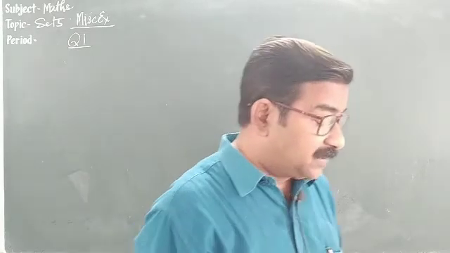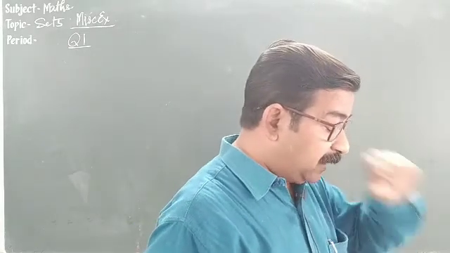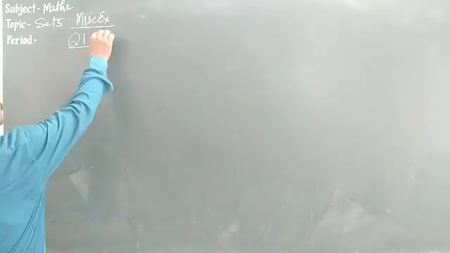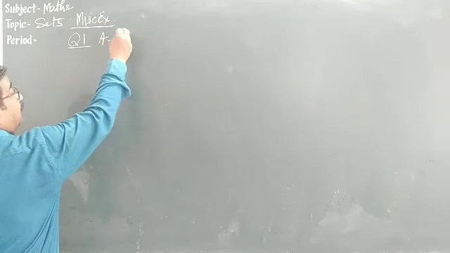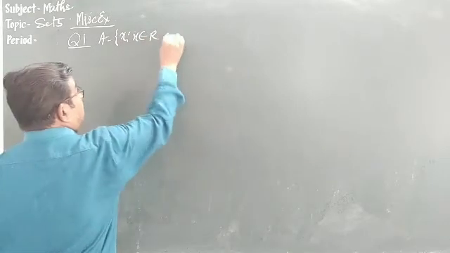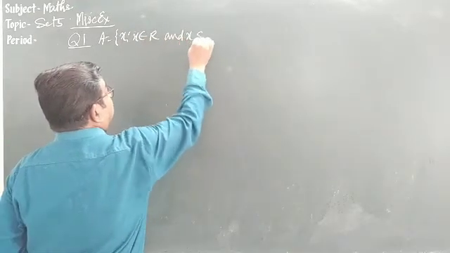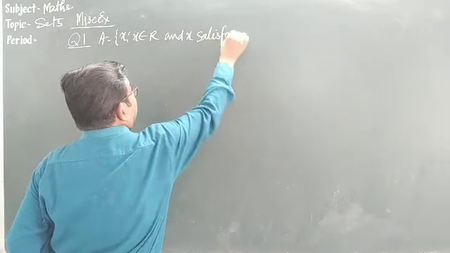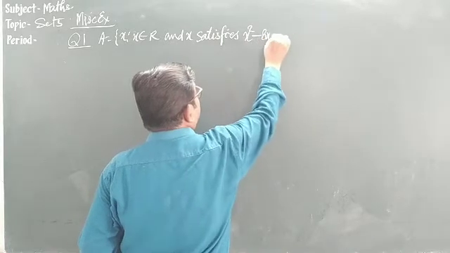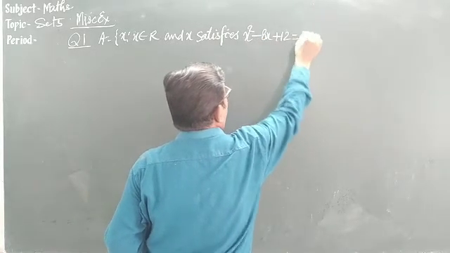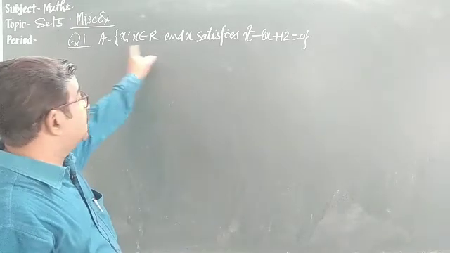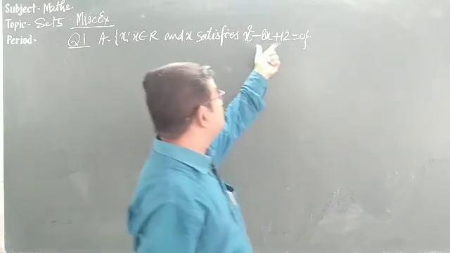Set A is {x such that x belongs to R and x satisfies x square minus 8x plus 12 is equal to 0}. A is a set given in set builder form, and this one is a quadratic equation.